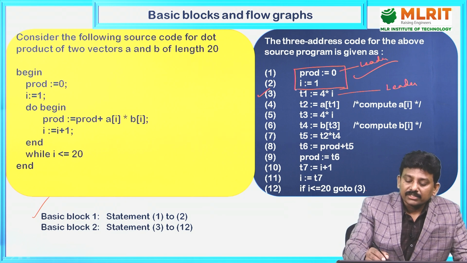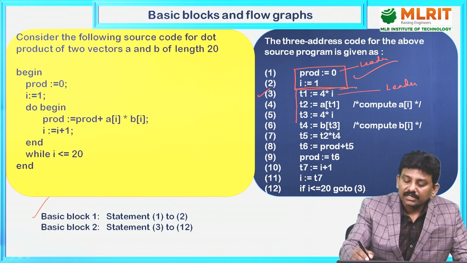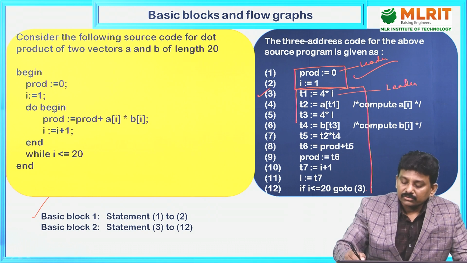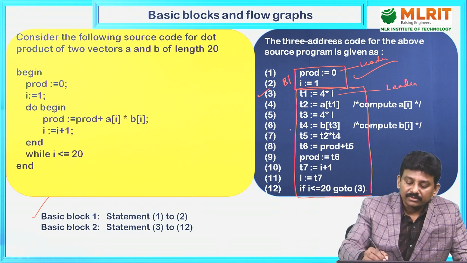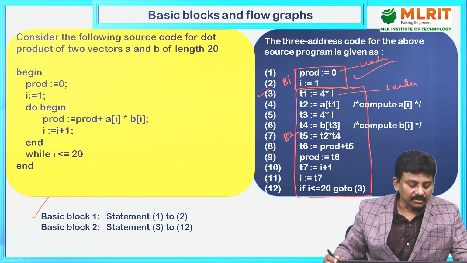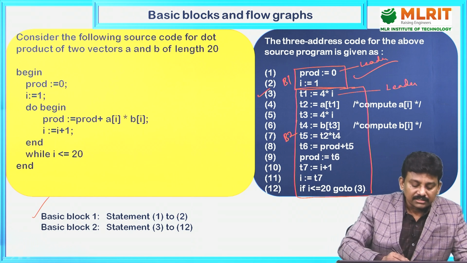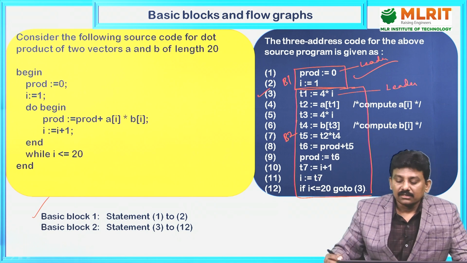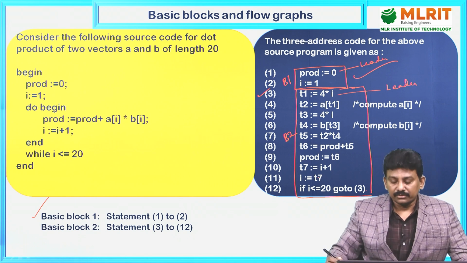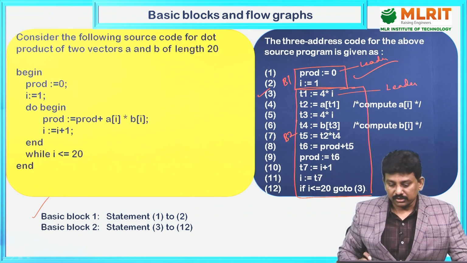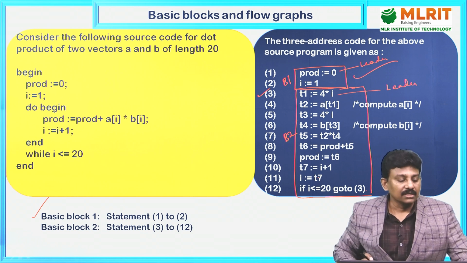So the next basic block will start from T1 is equal to 4 into I until the go to statement. So this is basic block B1, this is basic block B2. Basic block B1 will contain statements 1 and 2, statements 3 to 12 will construct basic block B2. So two basic blocks are identified for this given program.